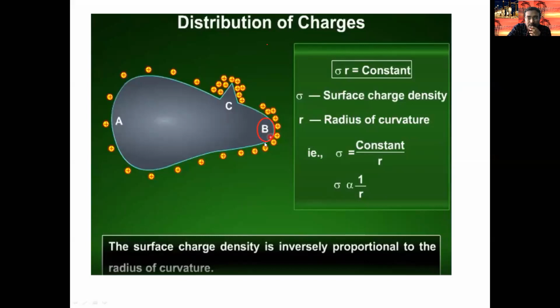The distribution of positive charges is more where the radius of curvature is less. Here also the radius of curvature is very less. That's why a larger amount of positive charges is distributed like this.